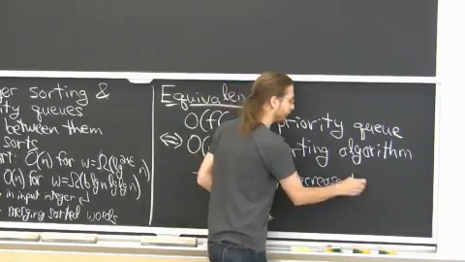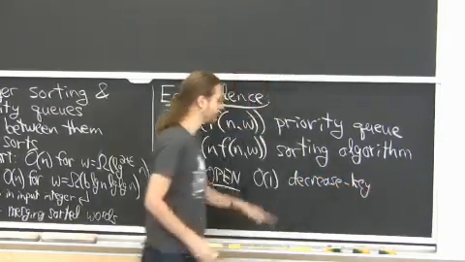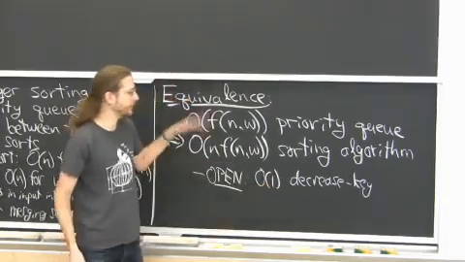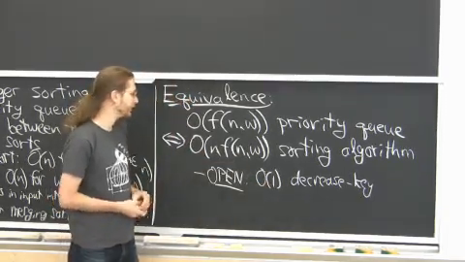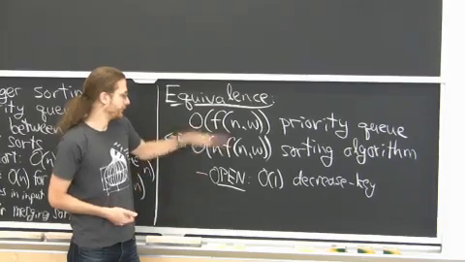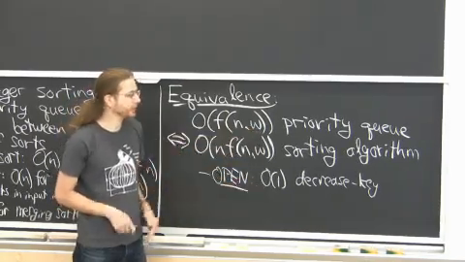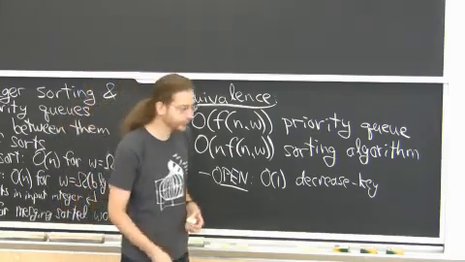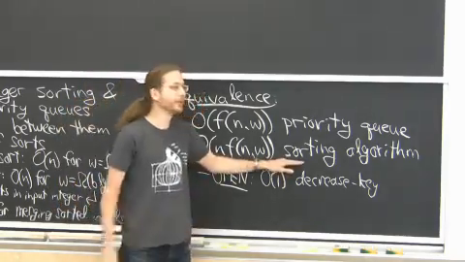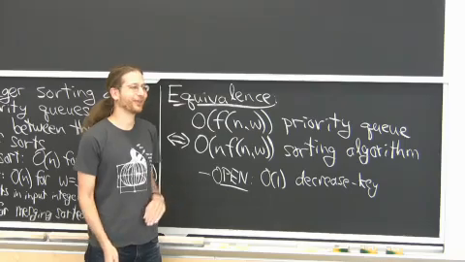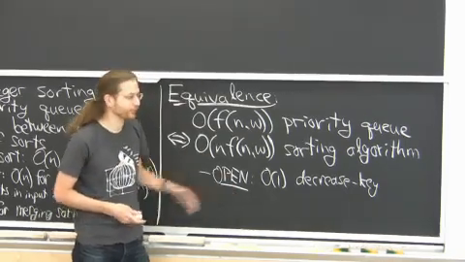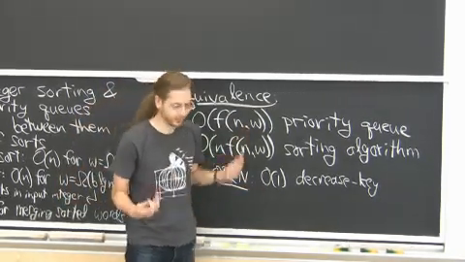And ideally also insertion. But decrease key would be handy because in this reduction, if you have a sorting algorithm to get a priority queue with constant time decrease key, that would have applications to Dijkstra's algorithm. Of course, if you can sort in linear time, then everything can be done in constant time. So this is not the most interesting open problem, but it would be a step in that direction.